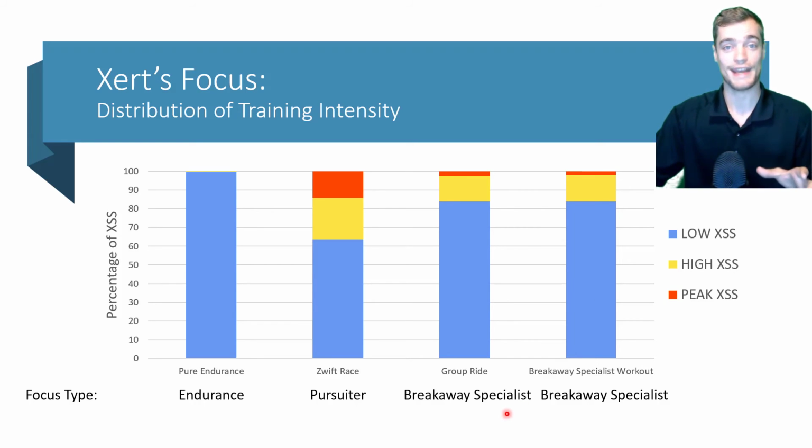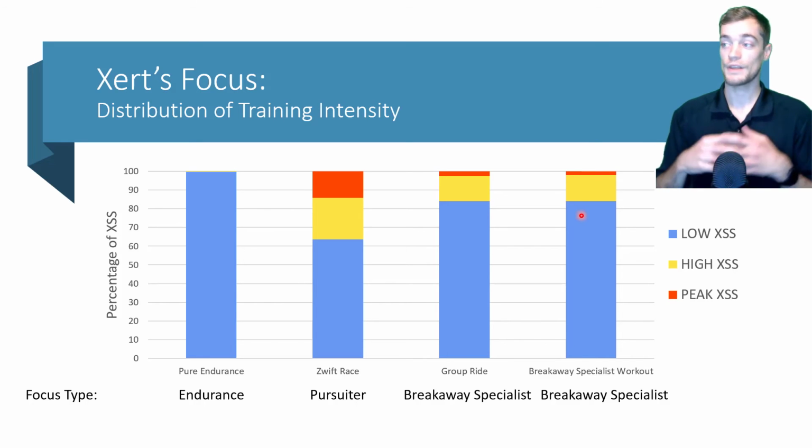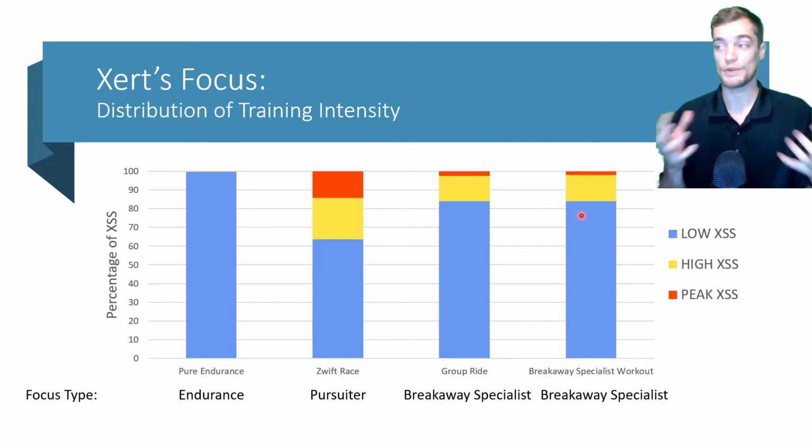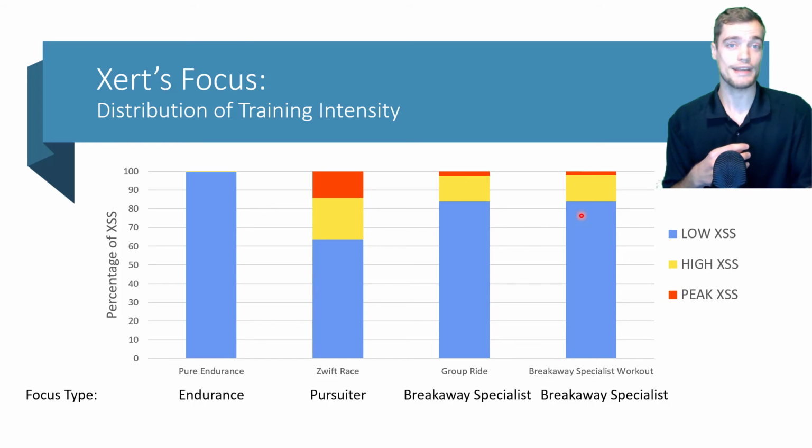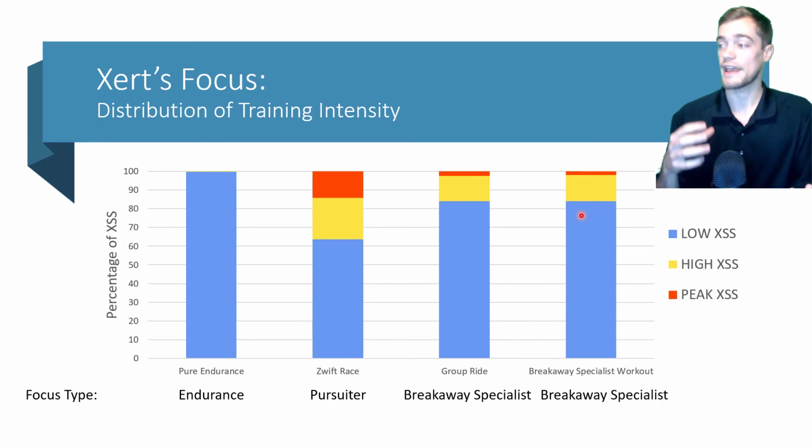And one comment that I want to make here is look at the similarity in the distribution of XSS between these two activities. You could analyze this and you would interpret this as saying that that group ride, which was unstructured, it was social, has the same strain benefit as a dedicated Breakaway Specialist workout.